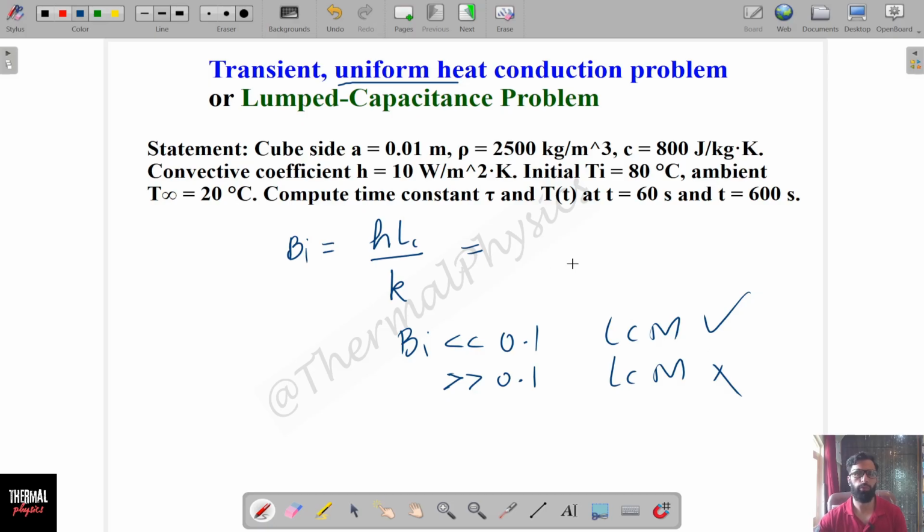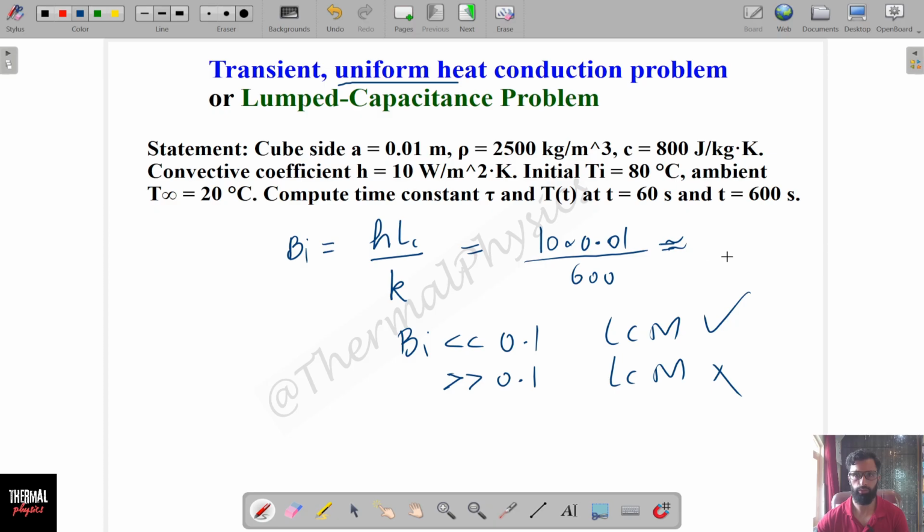So let us, for our case, say the thermal conductivity for our body, whose material is not given, is high. So h is given as 10, L characteristic length we will take as the length of the cube, and the thermal conductivity, let us say it is high, it is 600.